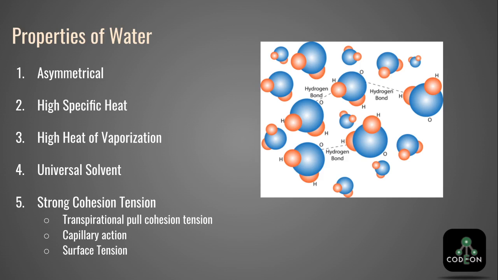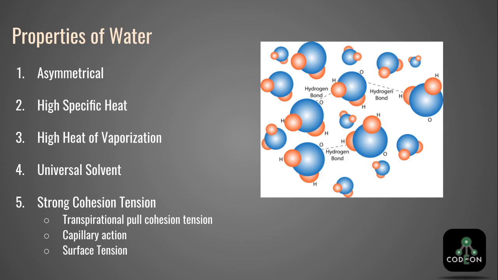So your body can actually cool itself down by absorbing the energy that is generated through your body heat to evaporate your sweat. Now, another key idea is that water is a universal solvent. That means that it can readily dissolve essentially all polar and ionic molecules, which we mentioned earlier.